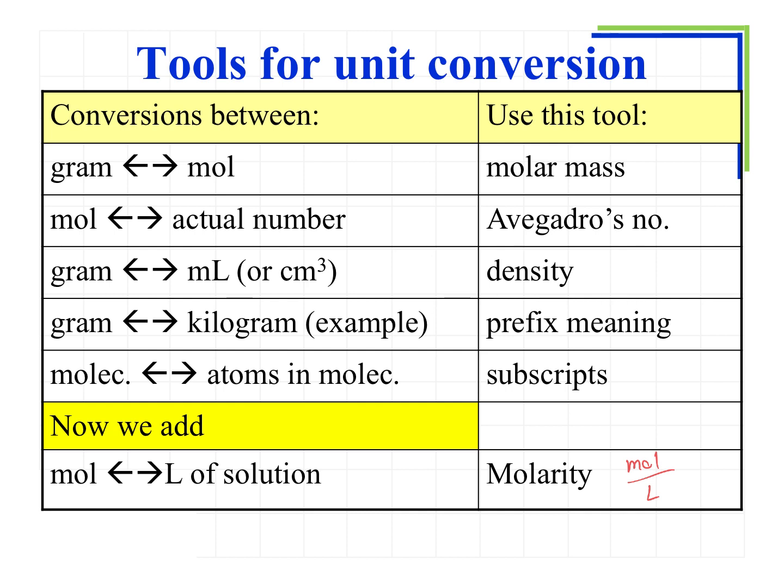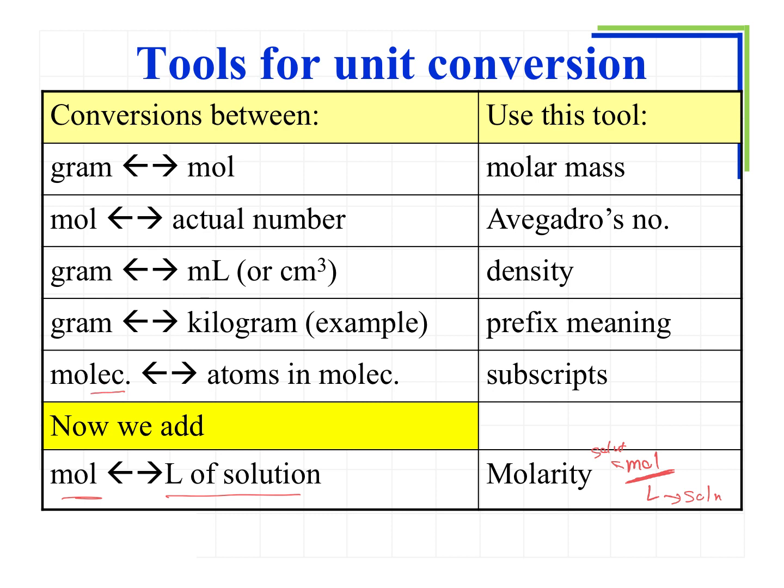However, you have to be careful. This mole is for the solute and the liter is for solution, and that's how I abbreviate solution, SOLN, okay? You have to be careful with that, but since it's a ratio unit, you can use it as a conversion factor. So if you want to go from mole to the liter of solution, you can use molarity.